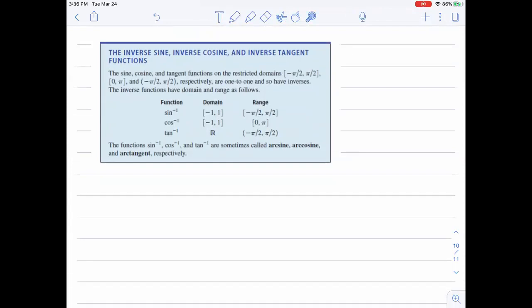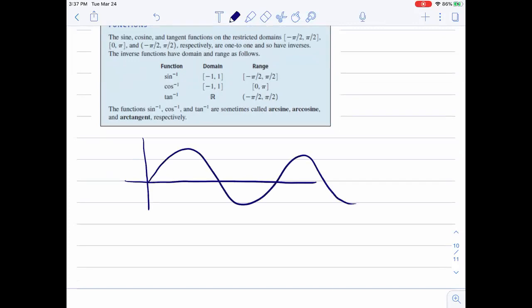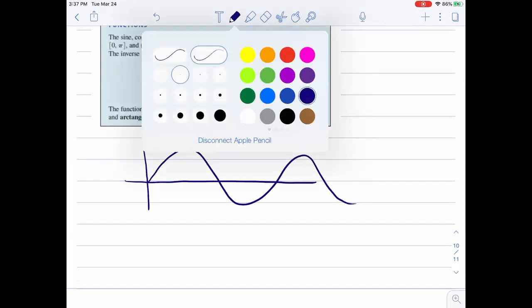so the sine, cosine, and tangent functions, right? Sine and cosine keep going forever and ever, right? And so they go like this, sine, wee, right?